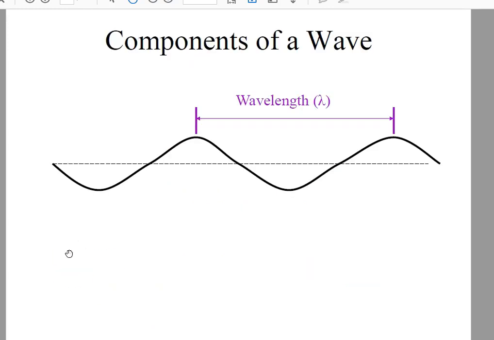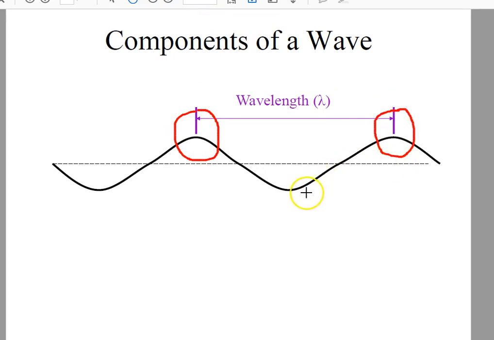First of all, talking about waves. Waves are just traveling disturbances, basically, but they travel in some pattern for the most part. In a wave, we have the wavelength, and that's the length from the crest, which is the top point of the wave, to the next crest, which you see there.